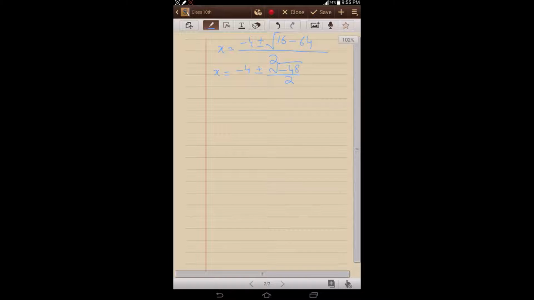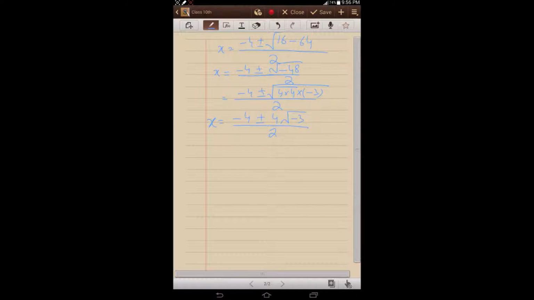Okay, what we can do here, we can write it like this: minus 4 plus minus, we can write 4 into 4 into minus 3. Now these two 4's we can take out, so it will be minus 4 plus minus 4 into square root of minus 3, divided by 2.